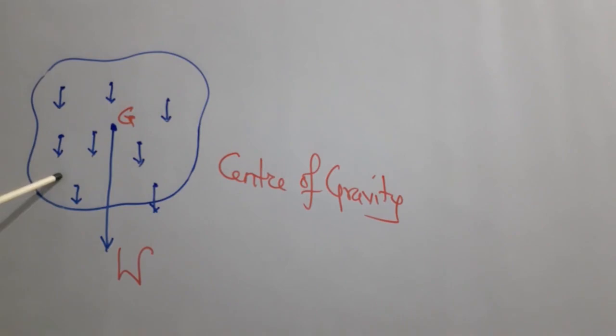Clear? Now if I add up the anti-clockwise moment and the clockwise moment with a sign, then I will get the sum 0. About center of gravity, sum of clockwise moment and anti-clockwise moment will be exactly equal to 0. This is an imaginary point which exists within all the particles and all the objects.